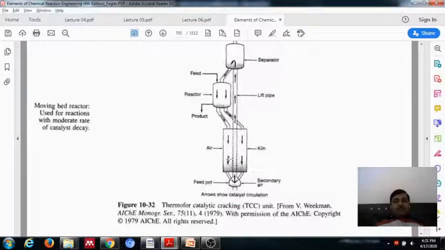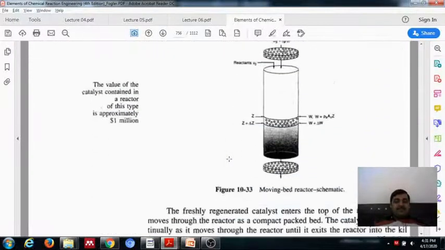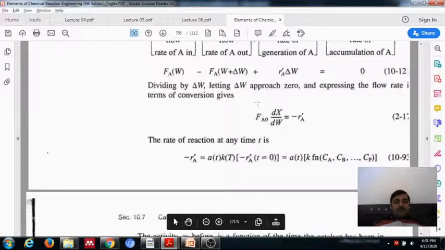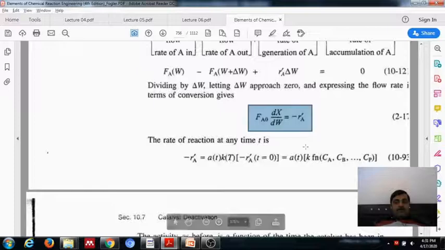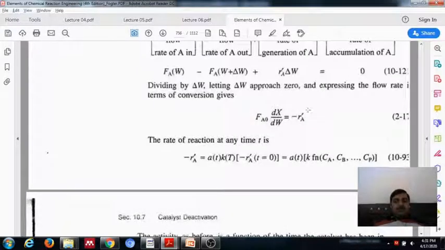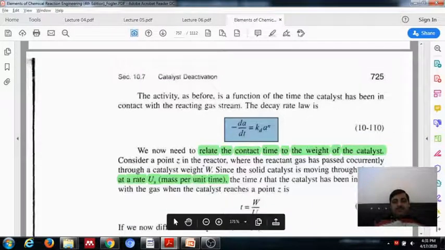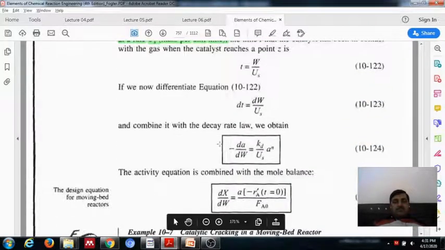That is our moving bed reactor, which handles the moderate decay of catalyst, typically caused by fouling or coking of catalyst surfaces.